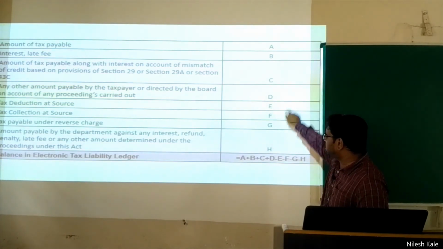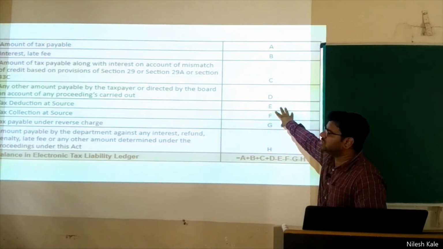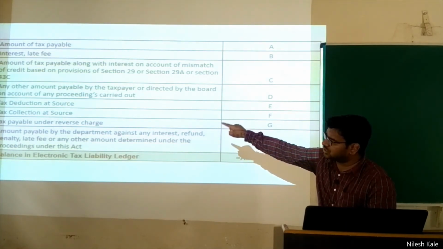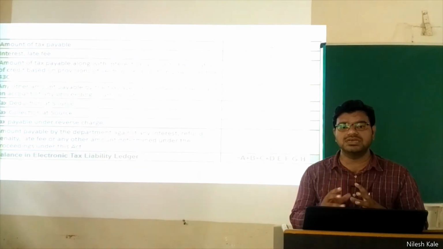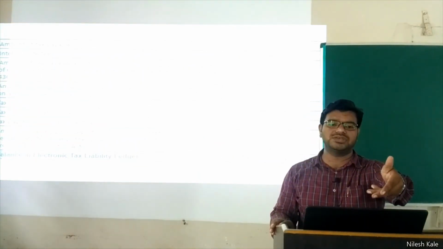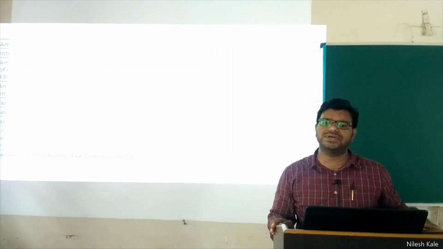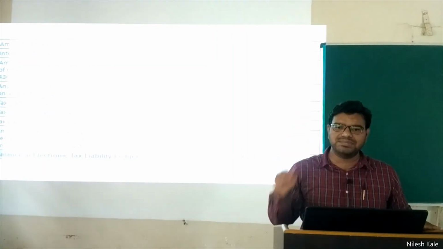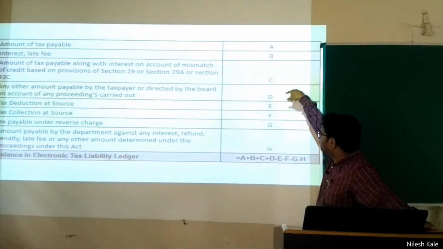A plus B plus C plus D minus EFG. Minus EFG, it is because TDS, TCS and tax payable under reverse charge are actually like your advance tax payment. TDS and TCS are like your advance tax payment that will be reduced accordingly, and therefore these three will be reduced from all those, right?